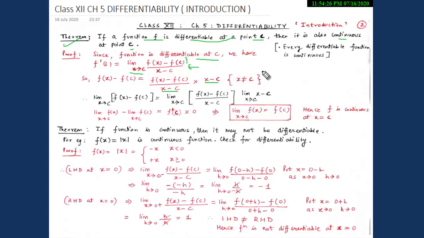So here, student, x does not equal c, because if x equals c, then it will become undefined. So when we take limit on both sides, we get limit x tends to c, f(x) - f(c), equals limit x tends to c, (f(x) - f(c)) / (x - c), into limit x tends to c, (x - c).